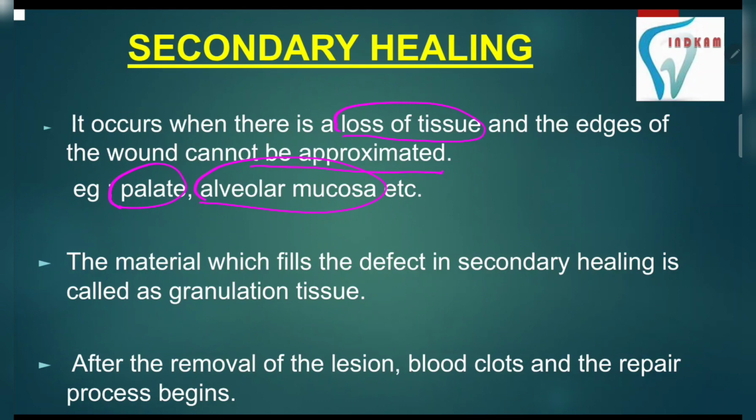The material which fills the defect in secondary healing is called granulation tissue. The gap which is made is filled by granulation tissue. After the removal of the lesion, blood clots and the repair process begins.